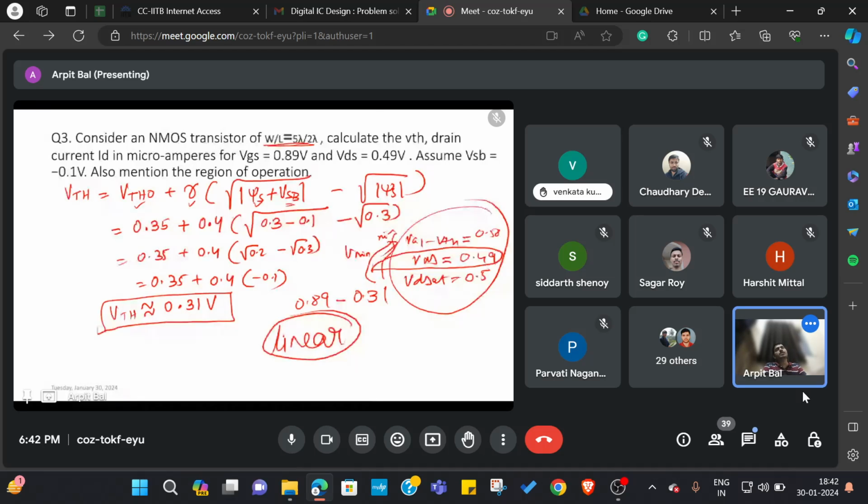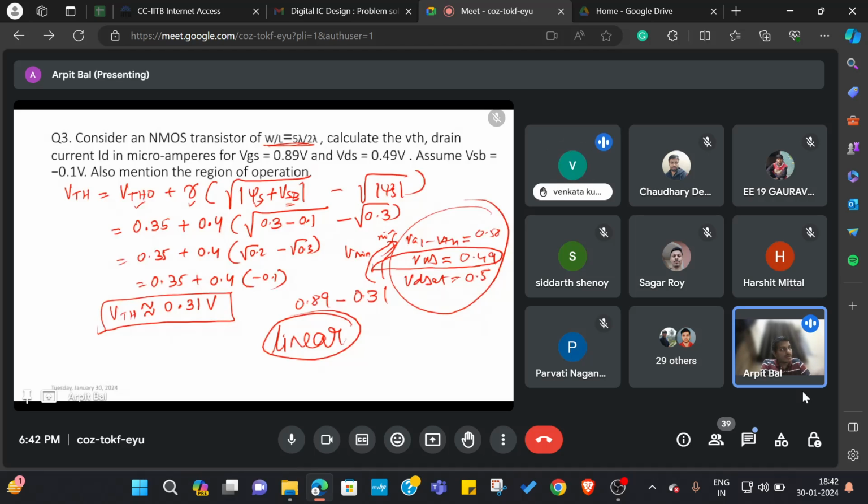You can put positive for NMOS and negative for PMOS. No. See, IDS is current from drain to source as per the notation, right? Yeah, but we usually write it as ID.